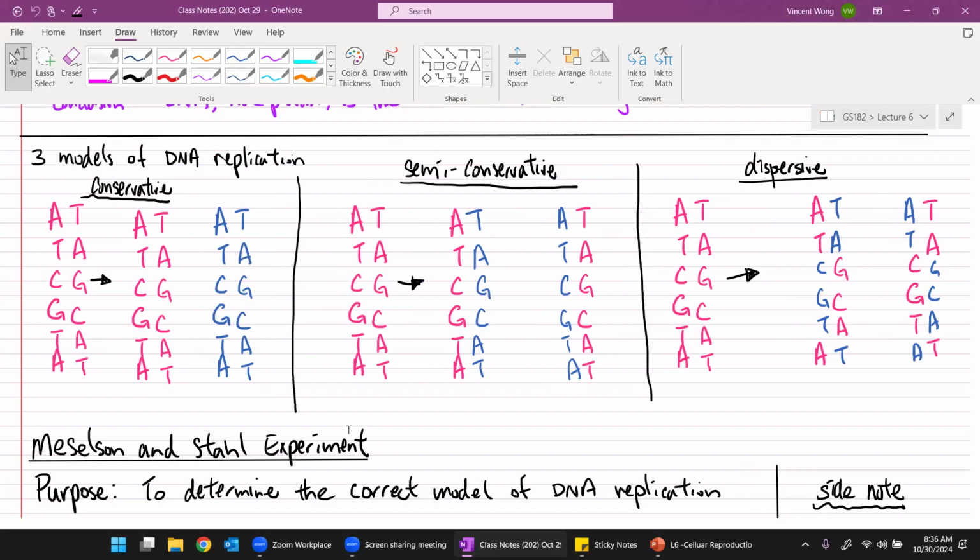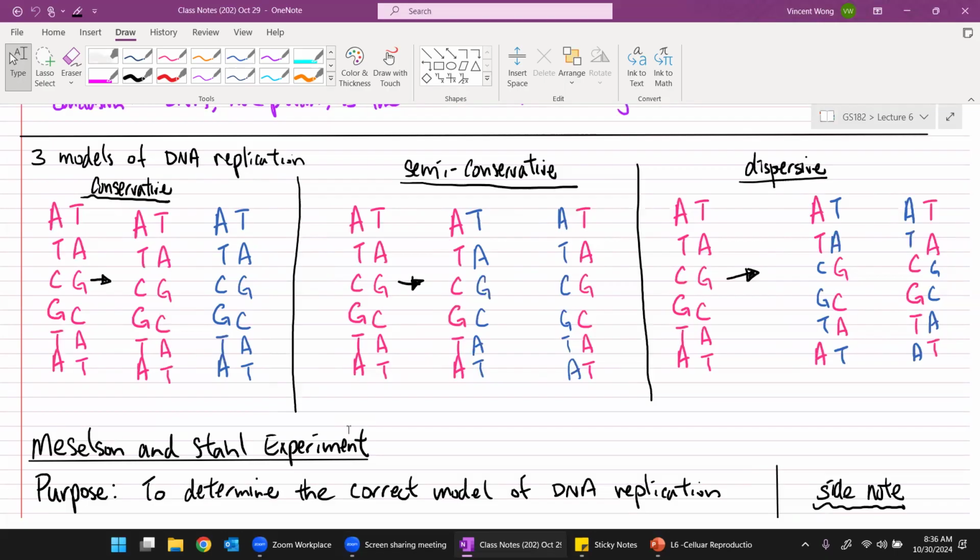Semi-conservative, which is the correct one, means you separate the strands, the pink and the pink, and then you're going to build the missing complementary half, right? The enzyme that builds the missing half is DNA polymerase 3.